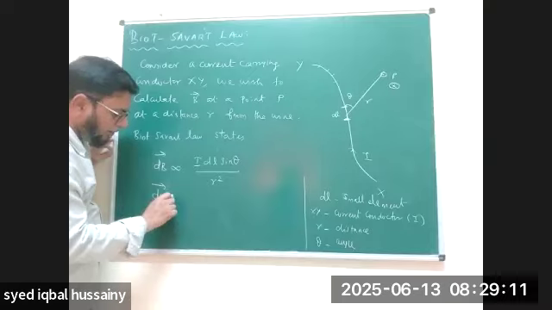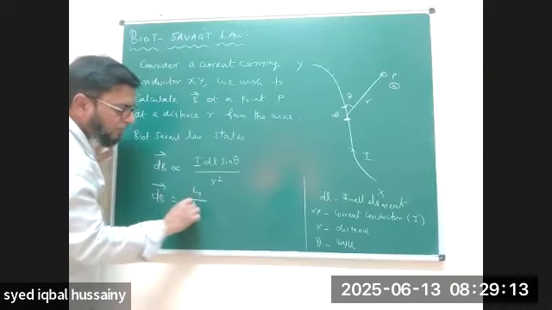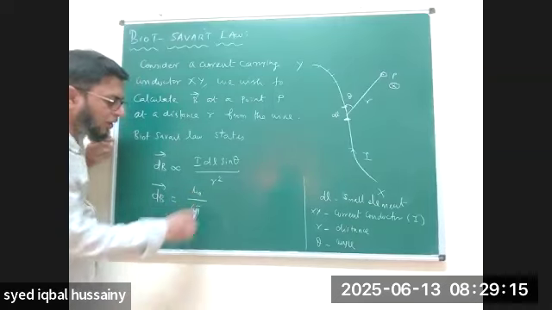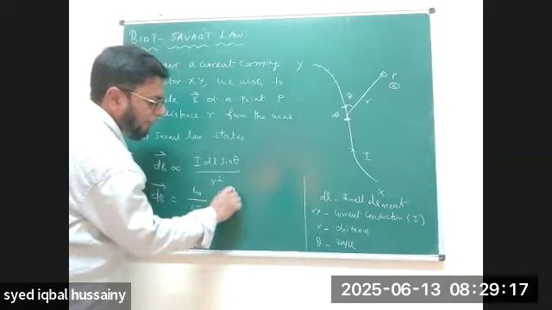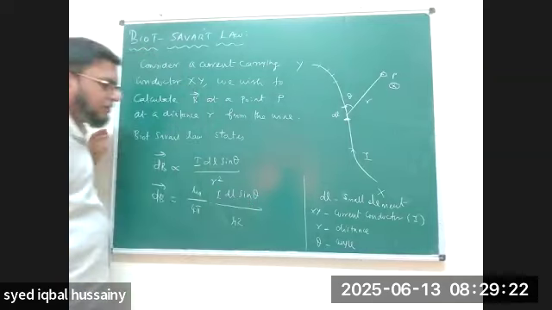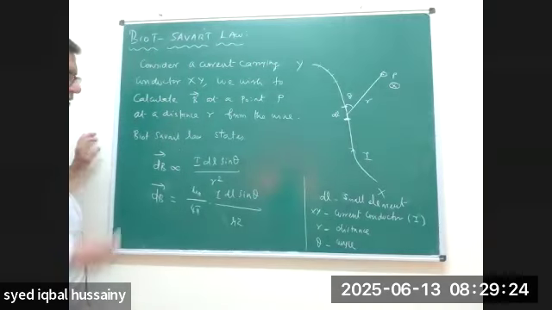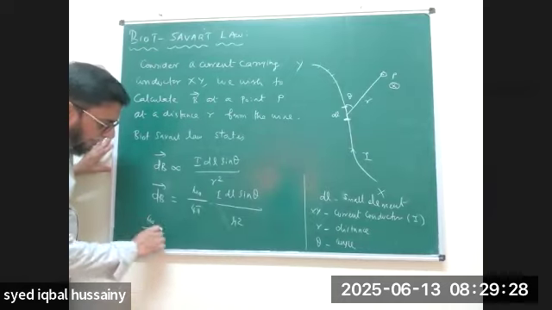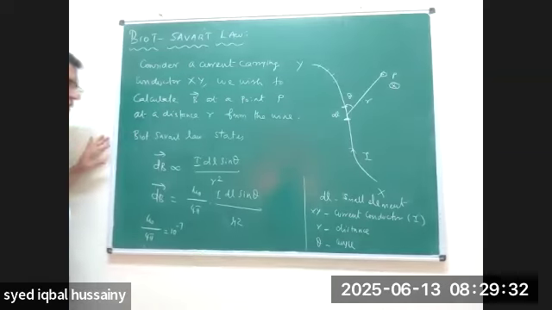So dB will be equal to mu naught by 4 pi times I dl sin theta by r square. What is the value of mu naught by 4 pi? 10 to the power minus 7.